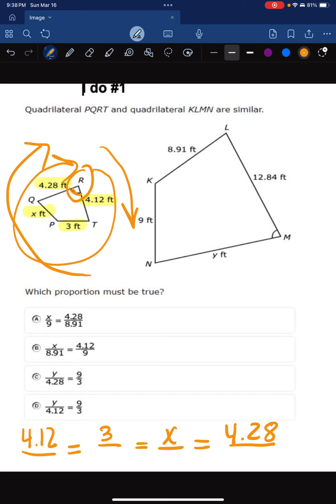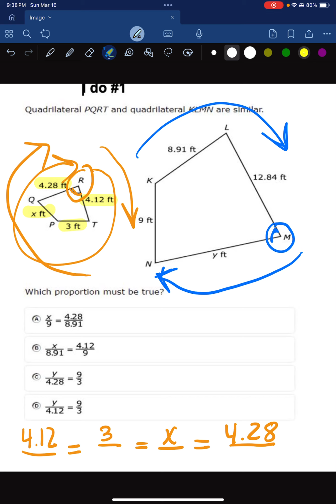Okay, so now we're going to do the same thing with the similar figure. So I'm going to choose my starting point. The one that is identifiable is this one here. This corresponds with R on the other shape because of this curve. And remember, I have to go in the same direction as the other shape.